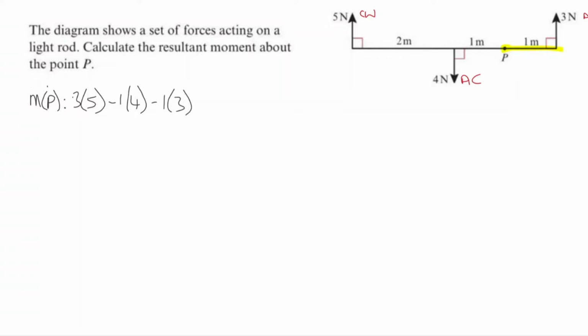I'm going to subtract 1 times 3. Okay, 15, subtract 4, subtract 3, gives us 8 Newton meters clockwise. So positive 8, 8 Newton meters clockwise. Just being careful to choose which direction each of these moments is going, and then taking clockwise as positive and anti-clockwise as negative, and just summing them together.